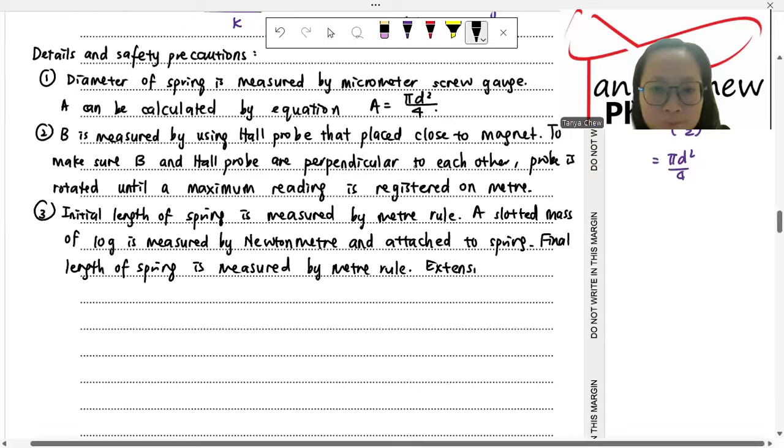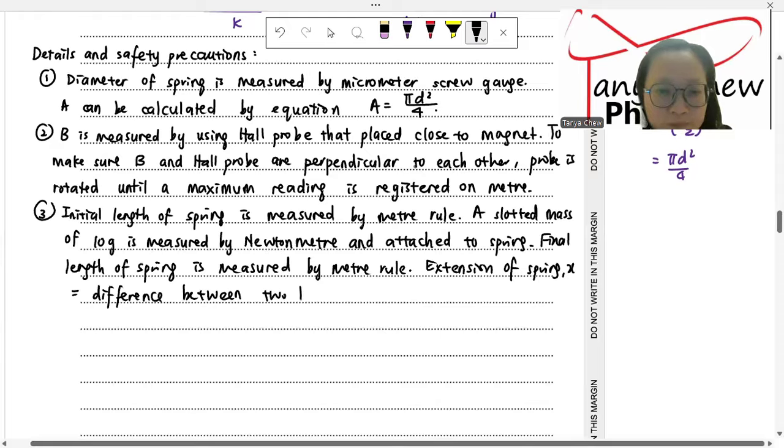The extension of the spring, X, equals the difference between the two lengths, or you can say final length minus initial length, right?